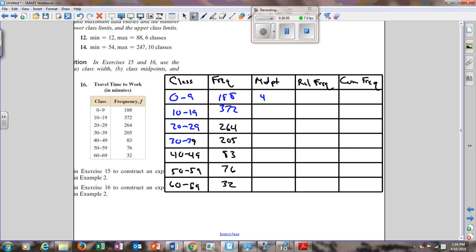Midpoints. Already listed those out, but it's 4.5, 14.5, 24.5, 34.5, 44.5, 54.5, and 64.5. For relative frequencies, we have to add all these frequencies up.